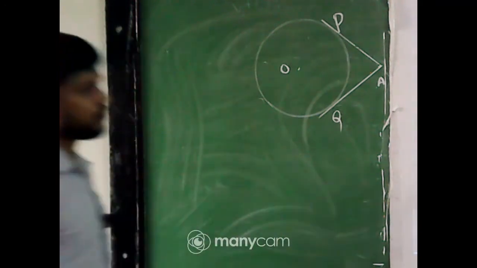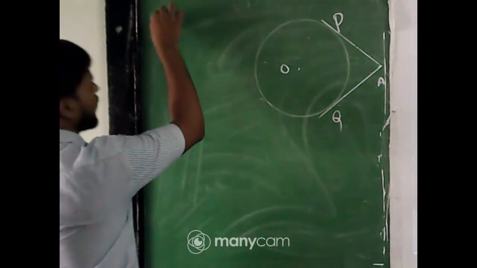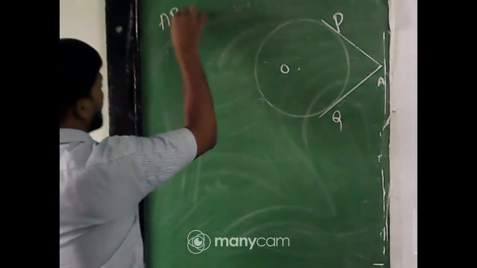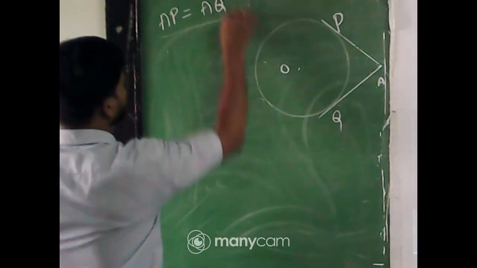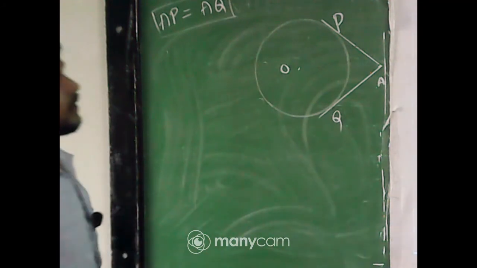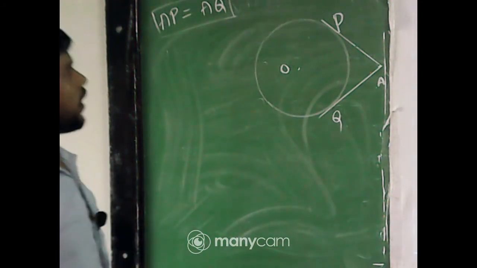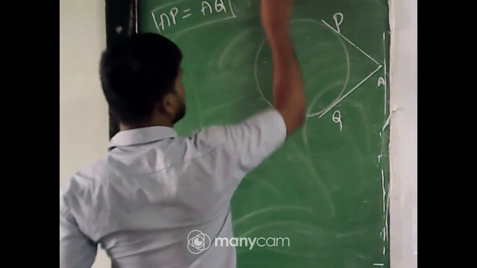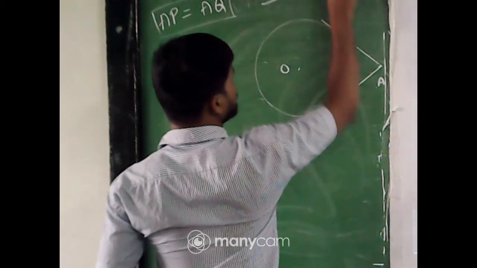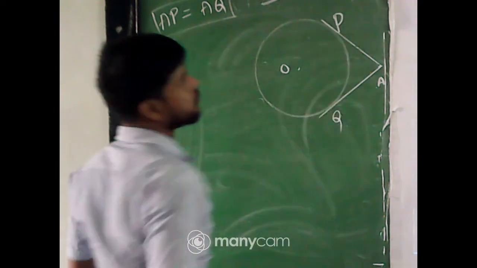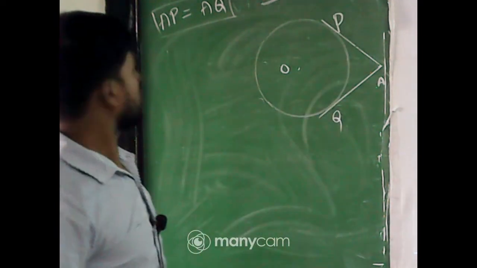What we have to prove? We have to prove that the lengths of the tangents AP and AQ are equal to each other. Okay.